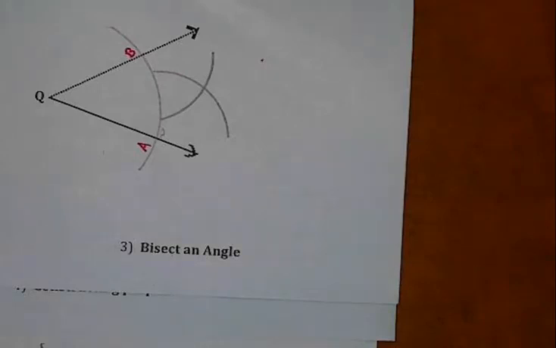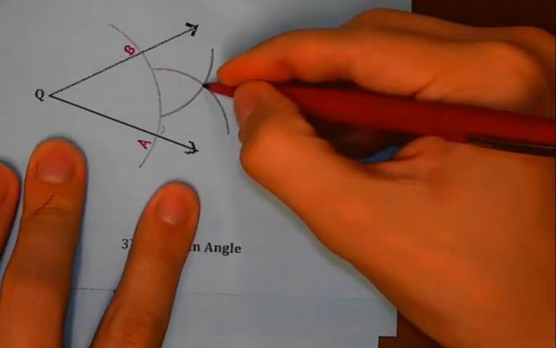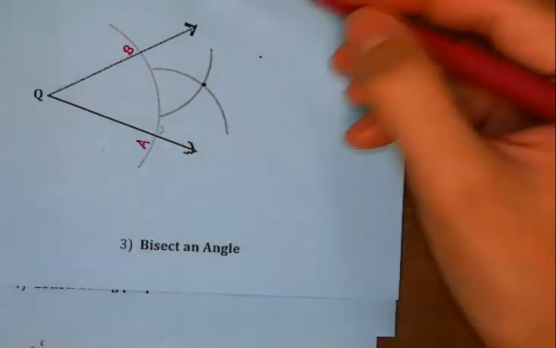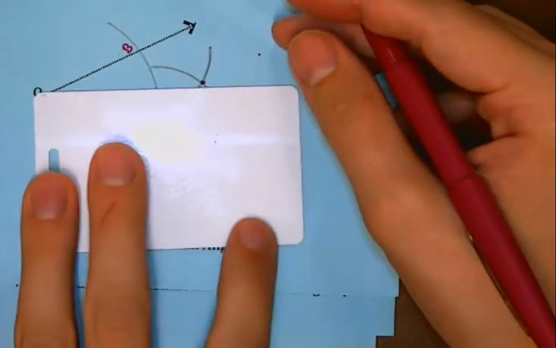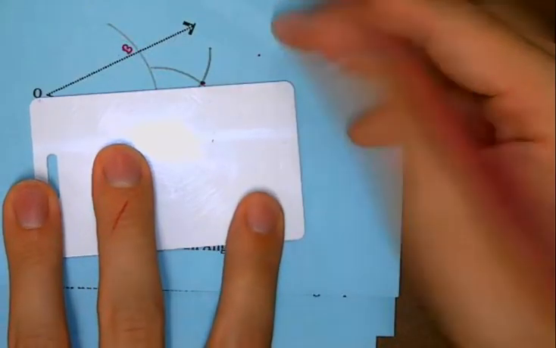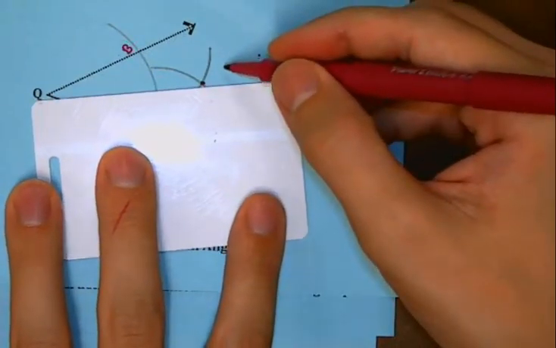Maybe from under the sea. Okay. Do you notice how we made a new X here? Right there. So we're going to connect those points. We're going to connect Q to that new line right there.